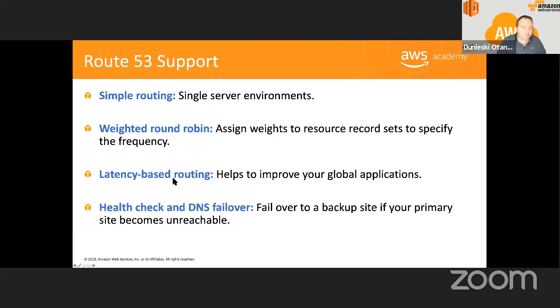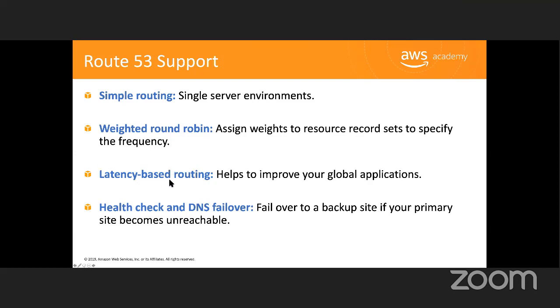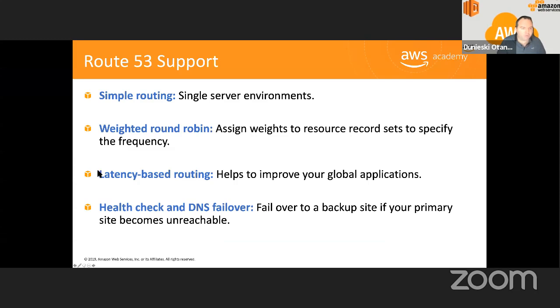It's essentially routing based on what is closest to you, to minimize the latency you could potentially get. That's right. You route your users to the closest location to reduce the latency, which is pretty good. So far we've seen three routing policies, and I like Route 53 already, because these three are great.